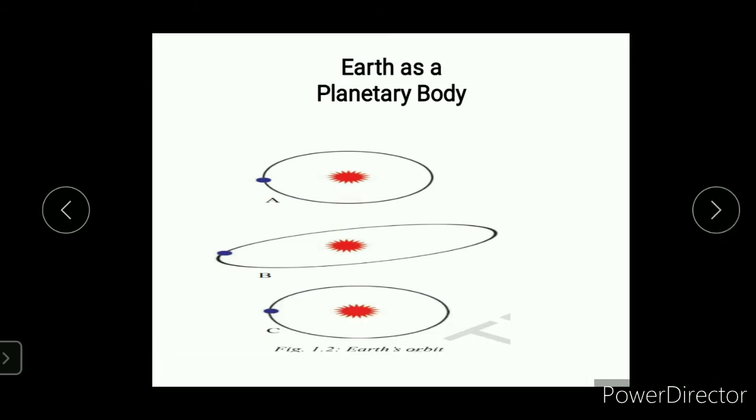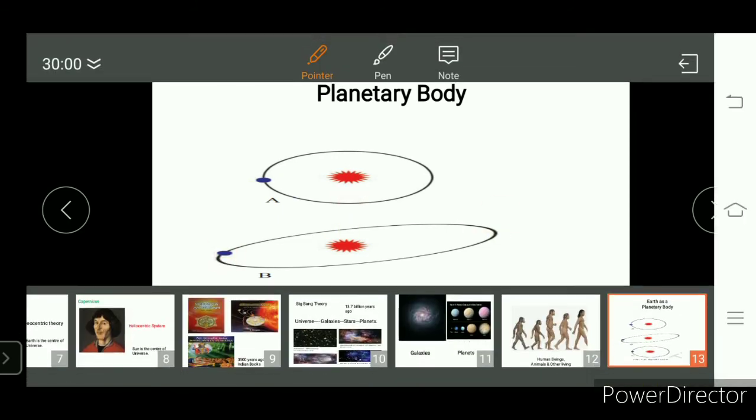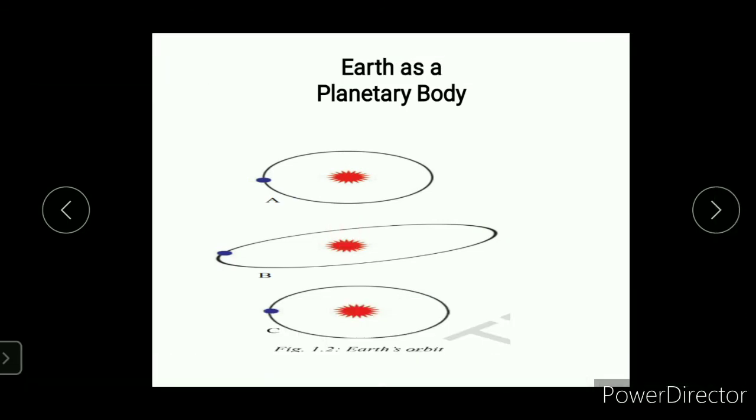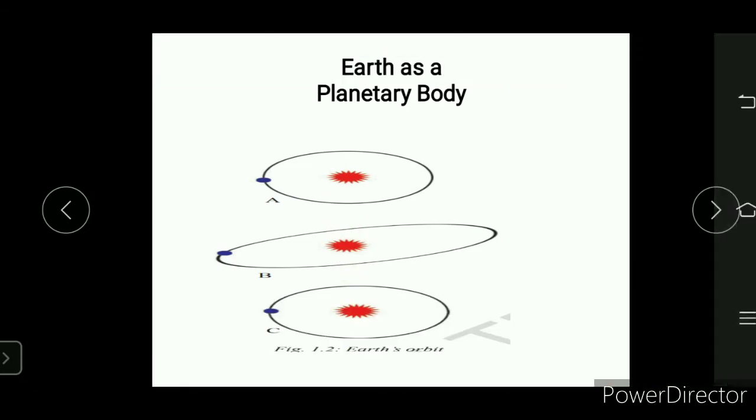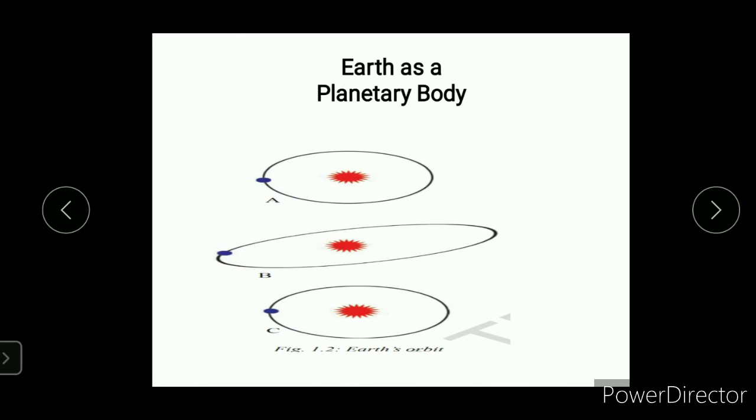That means two times it goes far from the Sun, and another two times it comes near to the Sun. It means that we should have two seasons. When Earth goes far from the Sun, usually we have to get winter. When Earth comes near to the Sun, we have to get summer, right? But it is not happening like that. Are we getting summer two times?